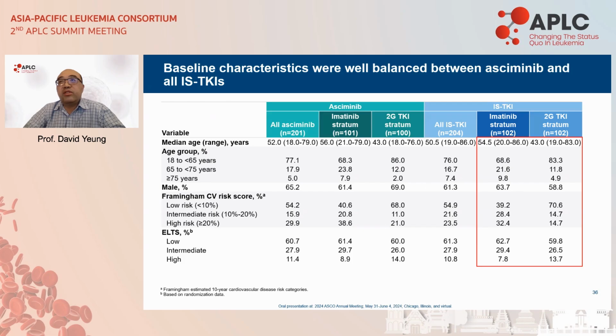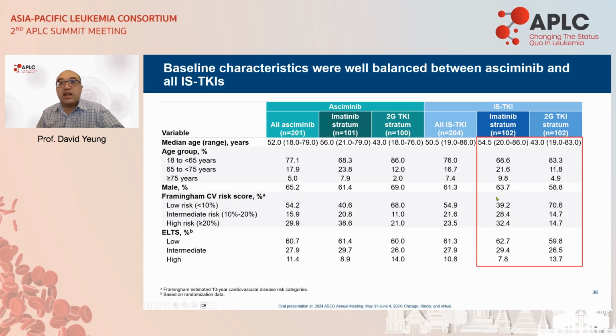One of the interesting things that I took from the baseline characteristics is that hematologists around the world are actually thinking about cardiovascular risk and age. You'll see that those patients being randomized or predetermined to be in the second generation TKI stratum are on average 10 years younger than patients that their docs picked imatinib for.